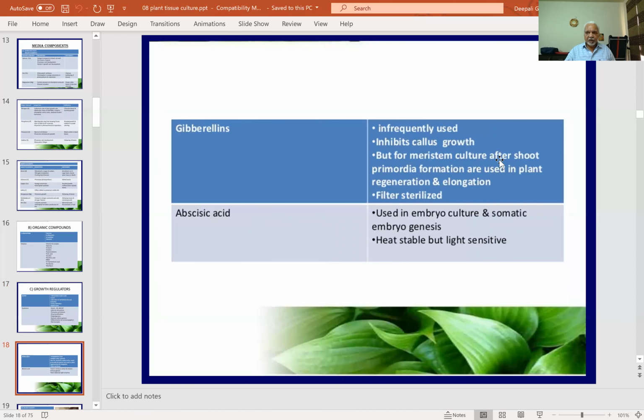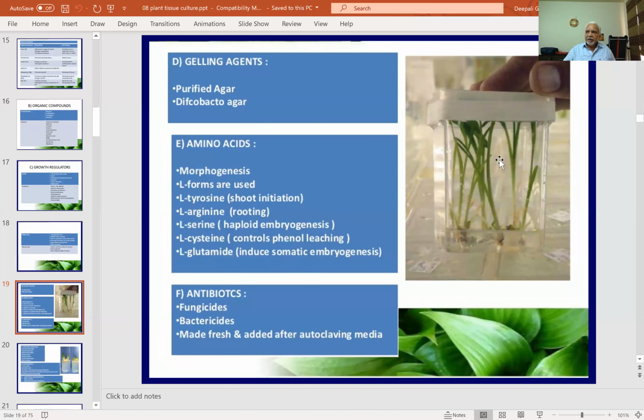And then you have gibberellins and abscisic acid, and in some places even these hormones have been used along with cytokinin or kinetin to direct the differentiation process. And then you have gelling agents.